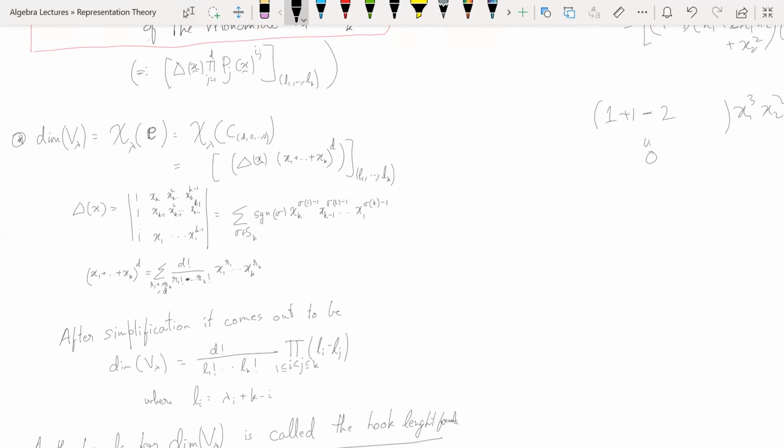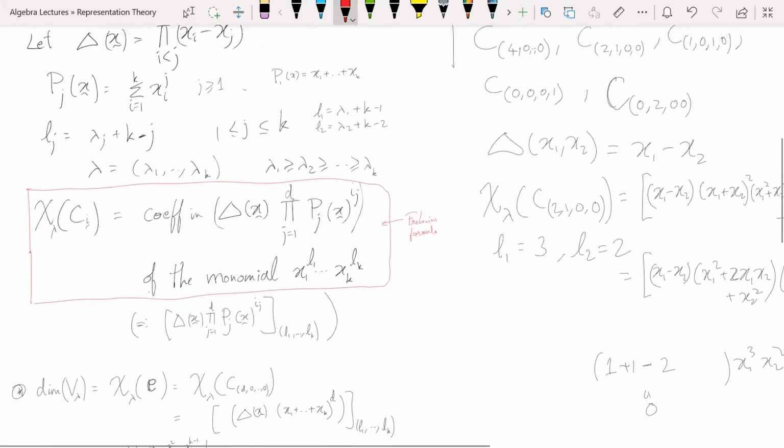And you have to multiply by this factor, the product of Li minus Lj. So this is the formula for the dimension of V lambda, but it looks a bit complicated.